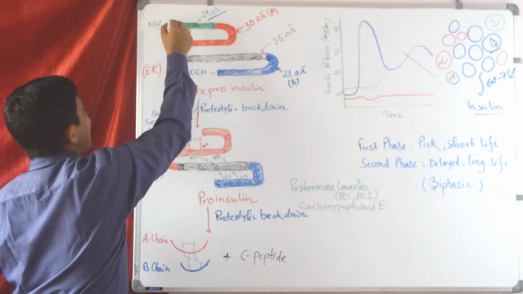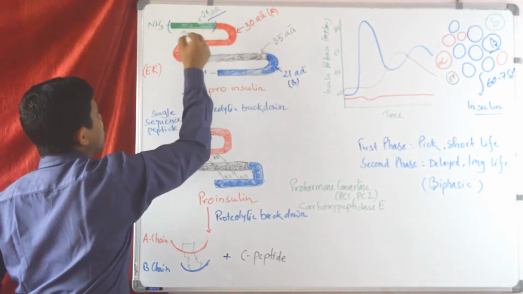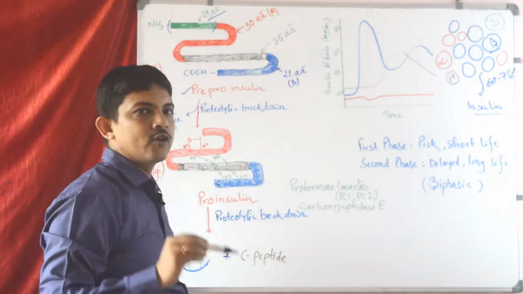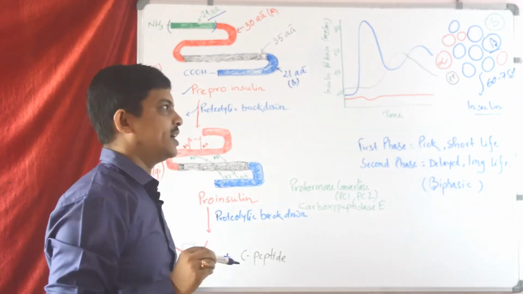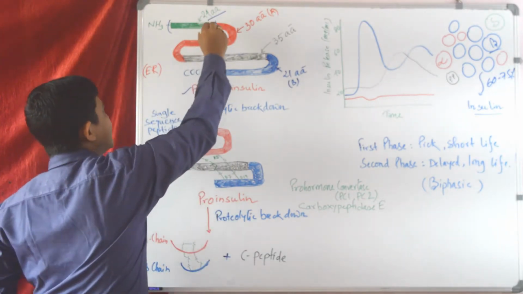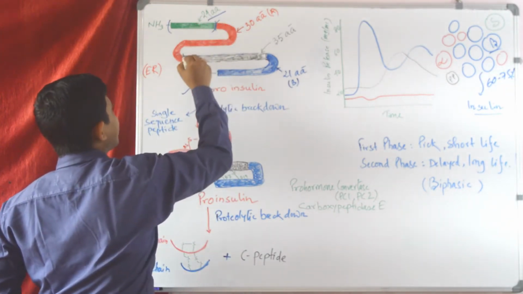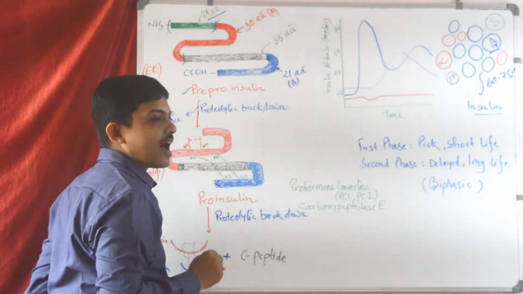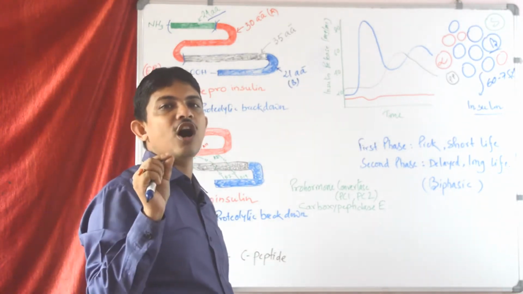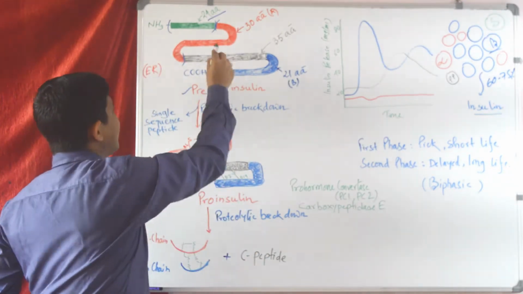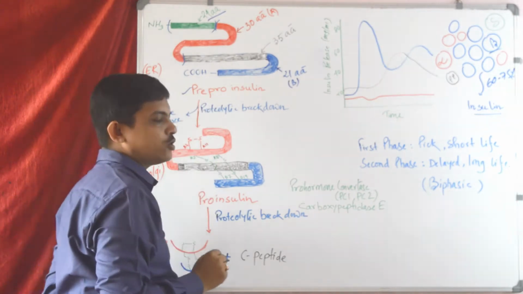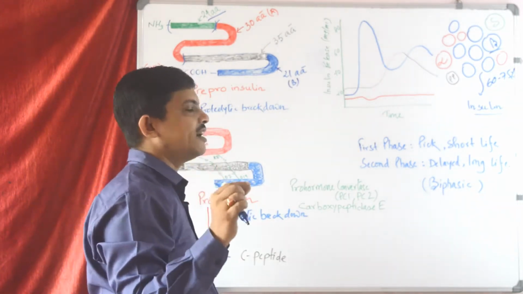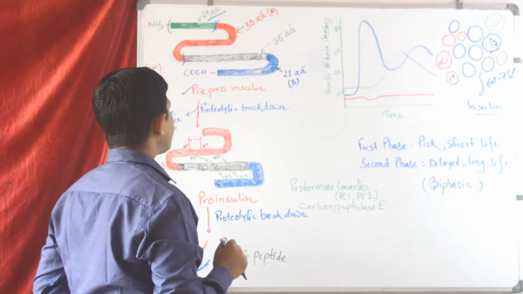Then this is the 30 amino acid chain, which is actually the A chain of insulin. So the A chain of insulin is the second part, composed of 30 amino acids.